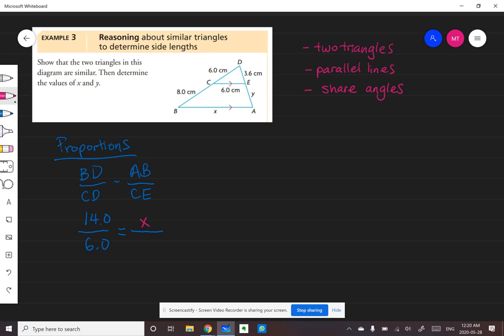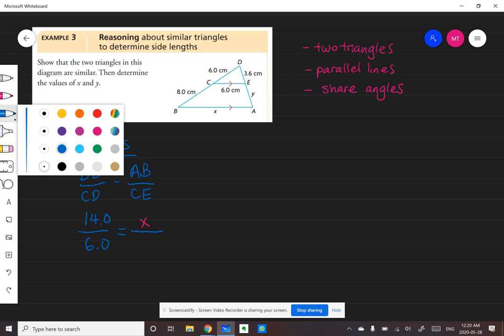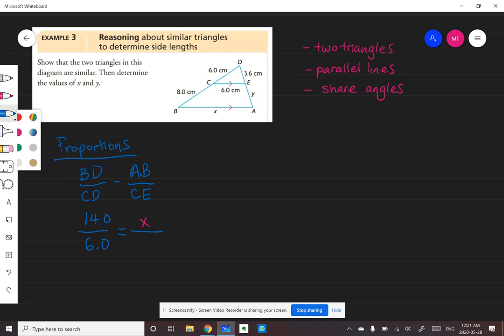We don't know what X is. And knowing that these two triangles are similar, we can use these proportions, these ratios, fractions to find what X is. And we know that X is going to be proportional to CE, which is right over here. That's 6 centimeters. Okay.